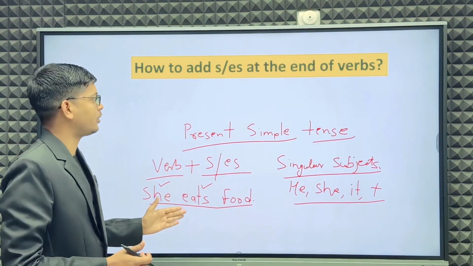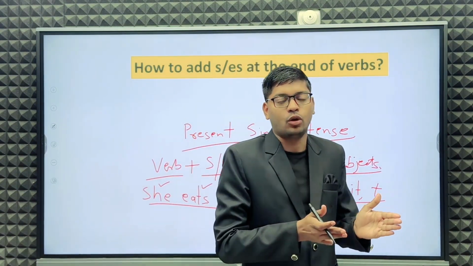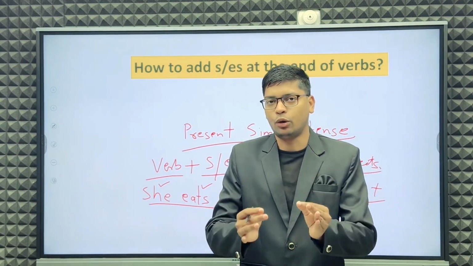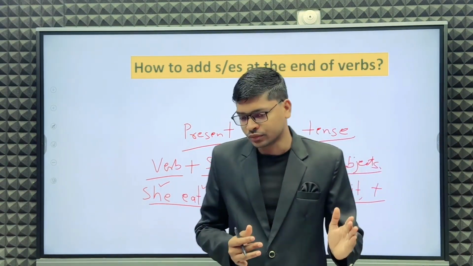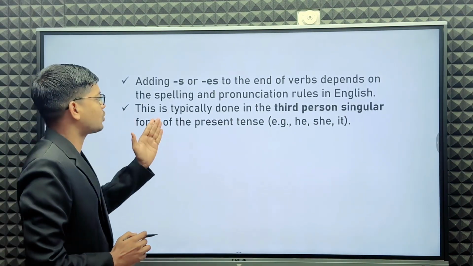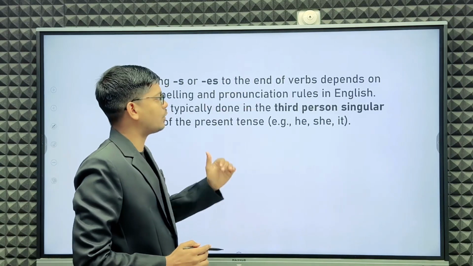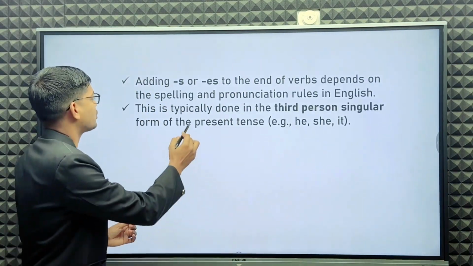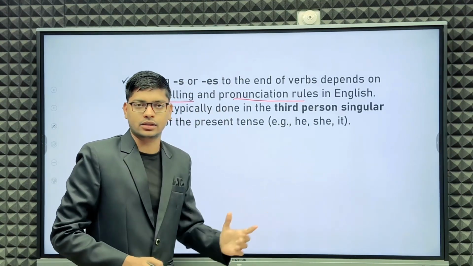So in this lesson I will share with you all the rules about how to add s or es to the end of the verbs. First of all, adding s or es to the end of verbs depends on spelling and pronunciation rules in English.